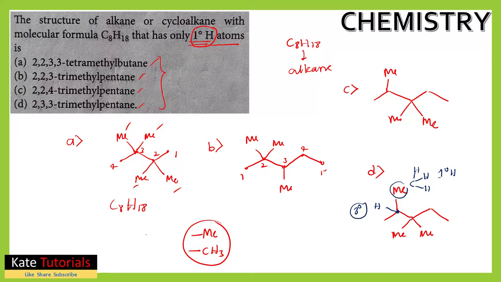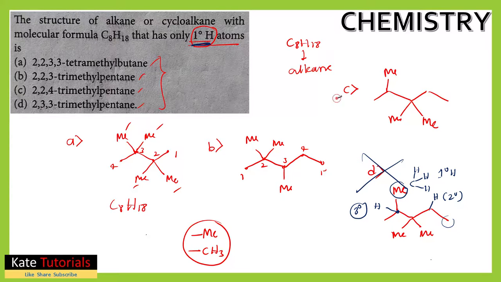And here it doesn't have any hydrogen. Here this hydrogen is attached to a carbon attached to a methyl group here and an alkyl group here, so this hydrogen is secondary. But they have told only primary hydrogen should be there. So option D is not the correct option.